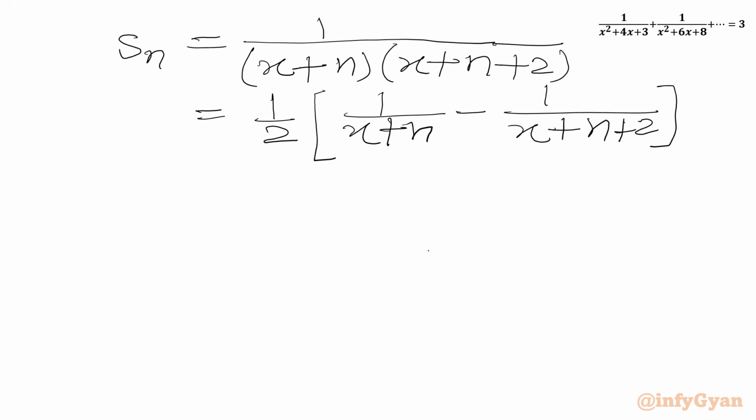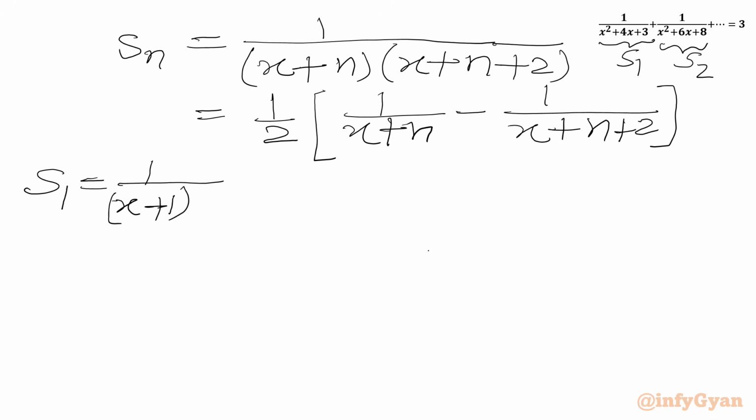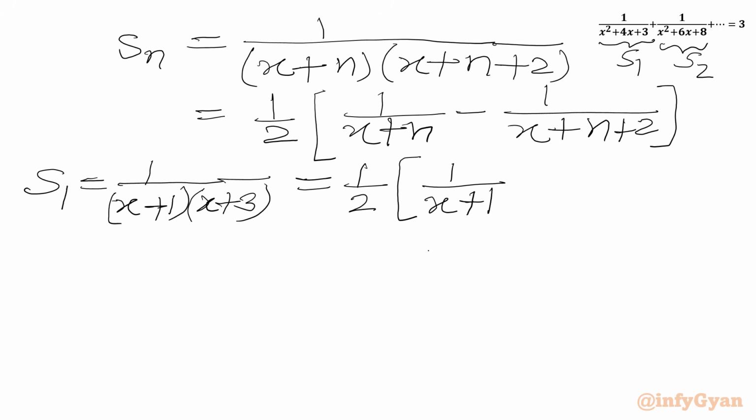Now we have to find S1, S2. Let us say this is S1, and this is S2, up to S infinity. So I am writing here S1. S1 will be equal to 1 over x plus 1 times x plus 3 in the denominator. Using this formula, we can write it as half in the bracket 1 over x plus 1 minus 1 over x plus 3.